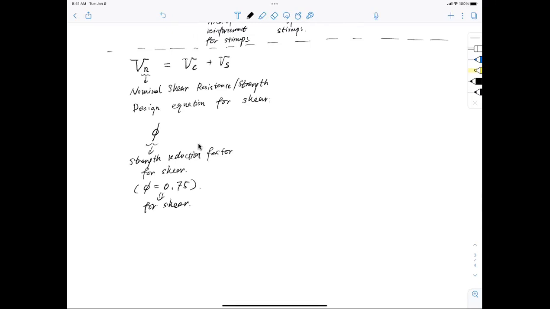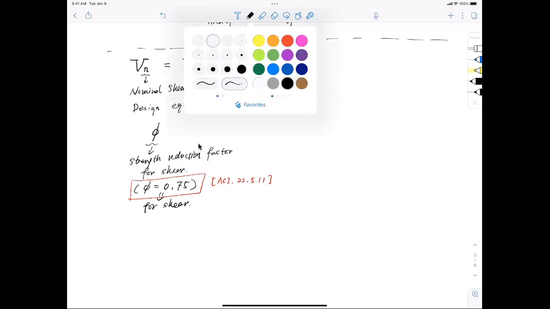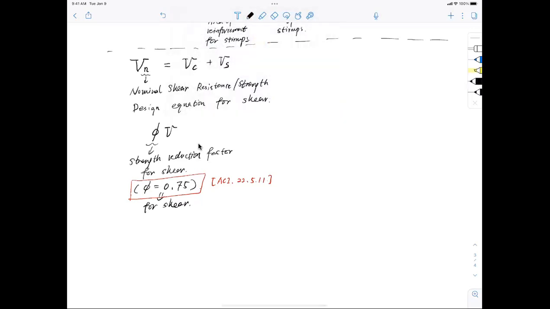Remember in the flexure design, phi is a function of epsilon t, but for shear, phi is always 0.75. That is in the ACI code, precisely ACI 22.5.1.1.